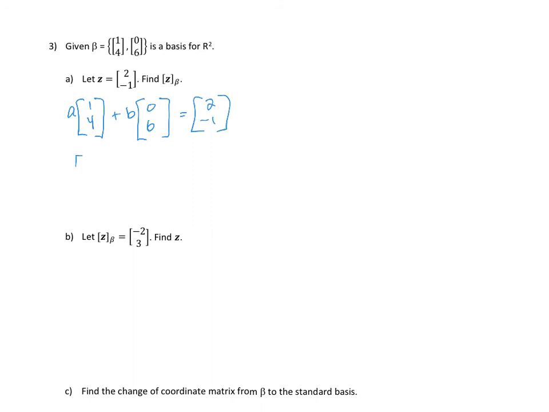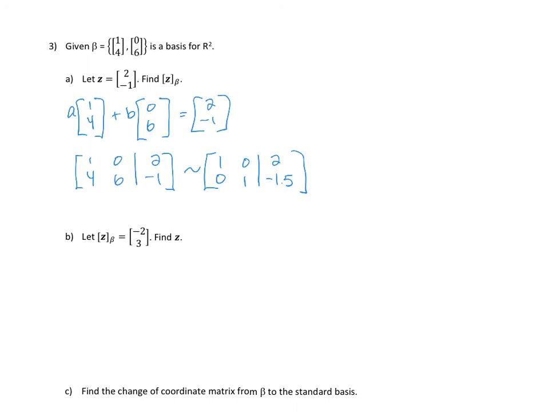So I can just make an augmented matrix, 1, 4, 0, 6, augmented with 2, negative 1, row reduce, and we get 1, 0, 0, 1, 2, negative 1.5.